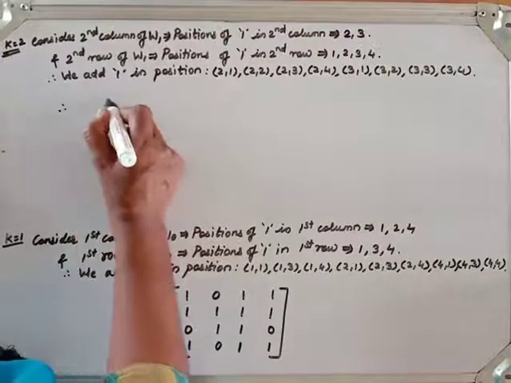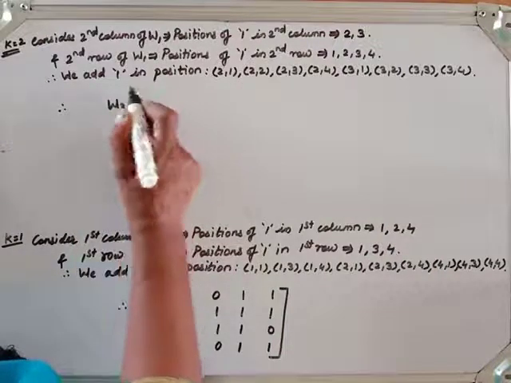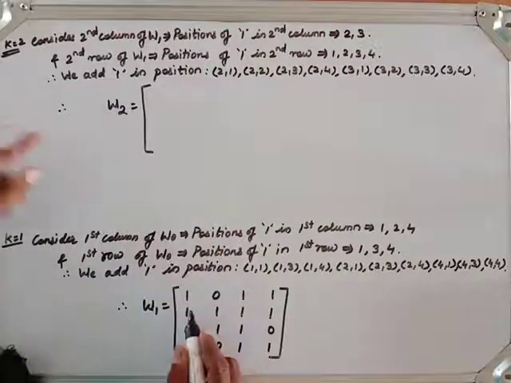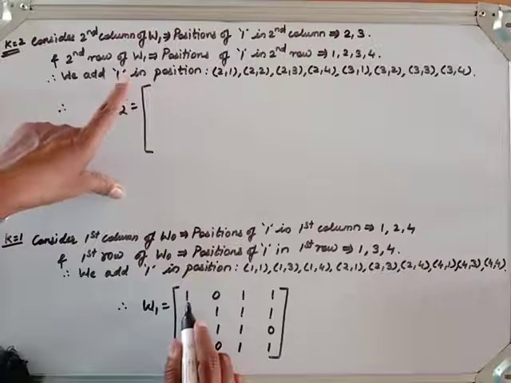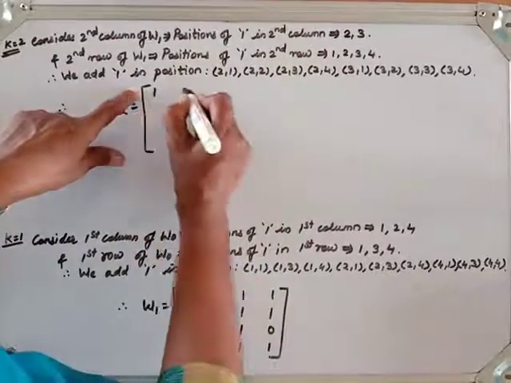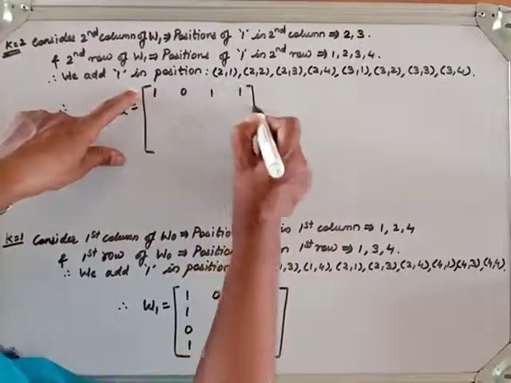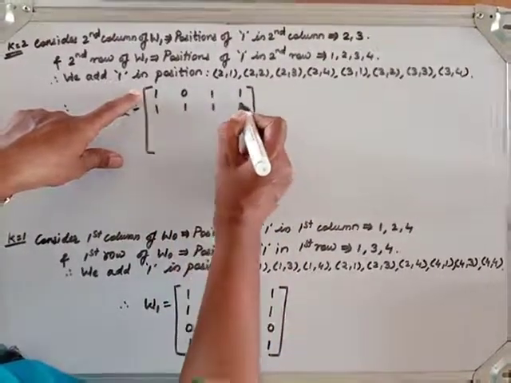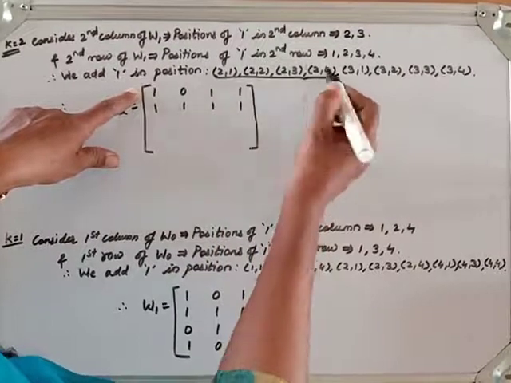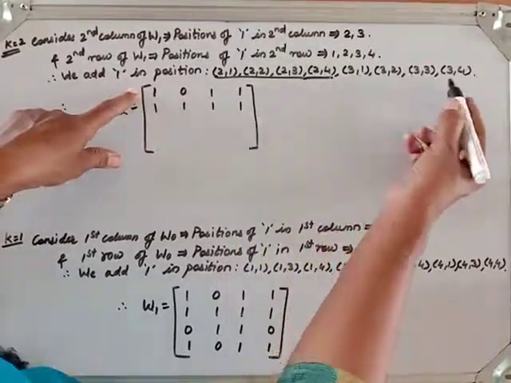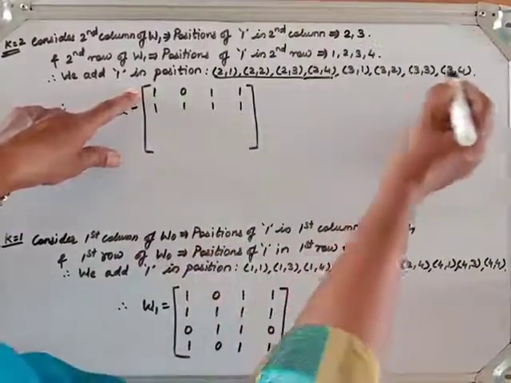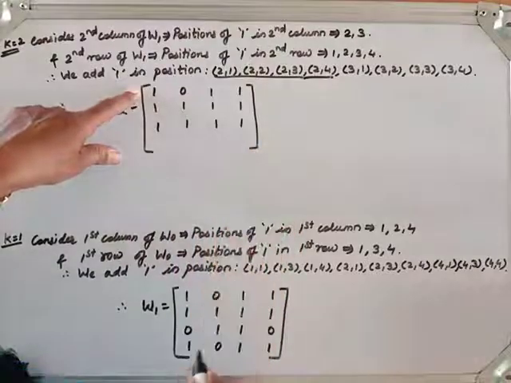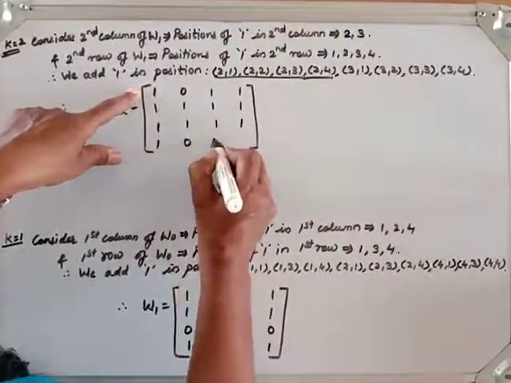Therefore we get W2, and the W2 is, look at here, this first row will remain same, 1, 0, 1, 1. Now second row slightly changes, it will be same because at this position already 1 is there. Now third row will change, here it will be 1 now everywhere. Fine. Now fourth row is as it is.